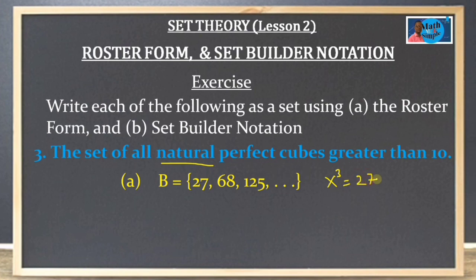All right, so we equate x cubed to 27, and then we solve for x, which is just the cube root of 27, which is 3. So 3 becomes our lower limit. So if x takes on the value of 3, then we will have this 27. All right, so our solution now will just be B equals x cubed such that x is a natural number and 3 is less than or equals to x less than infinity.